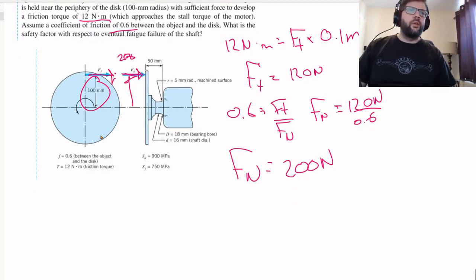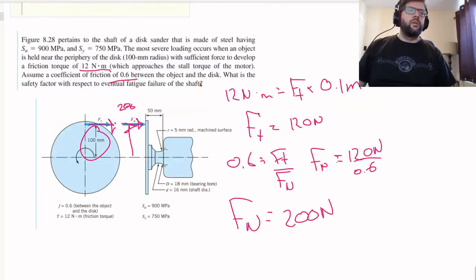So essentially, they're asking us for what happens at this shoulder here, where we've got the main input shaft, and then it's machined down.